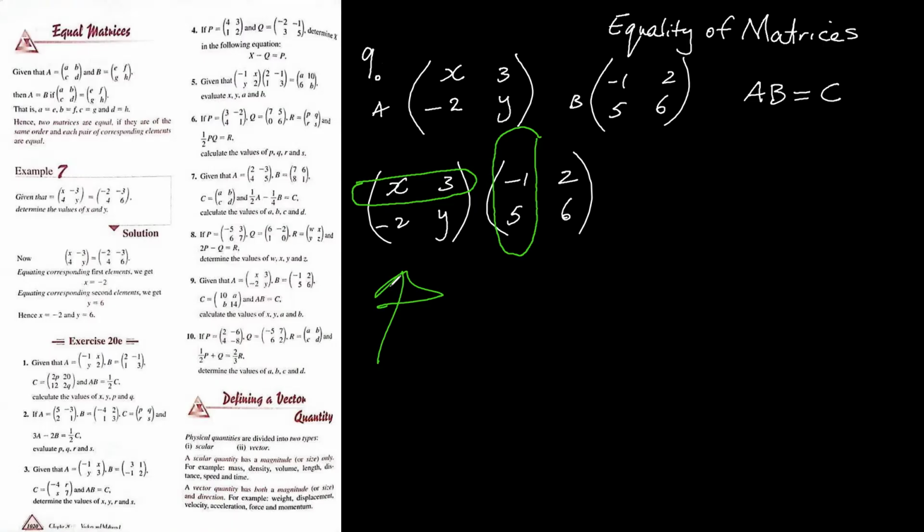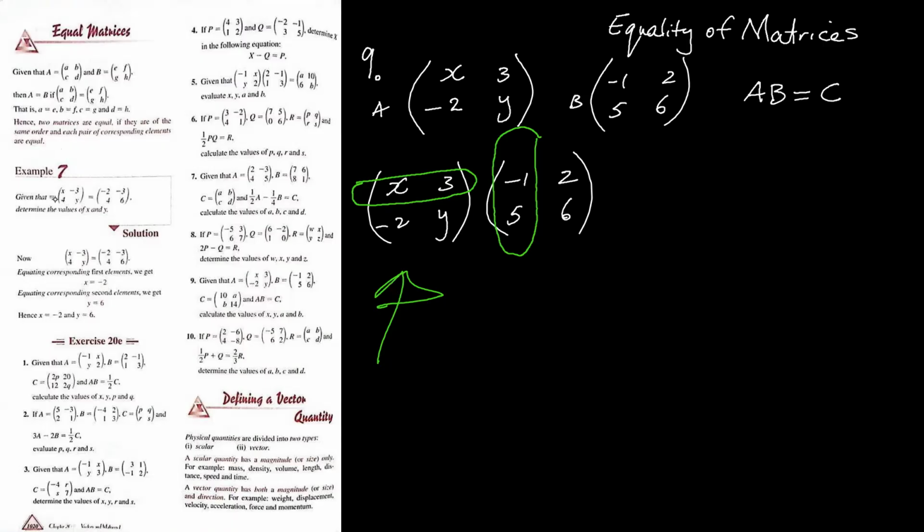What's that number? 3. It's 3. Darius, the question goes to you now. In matrix B, what's the first number of the first column? -1, sir. -1. Thank you.